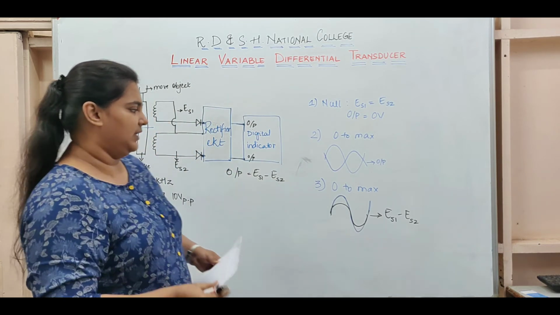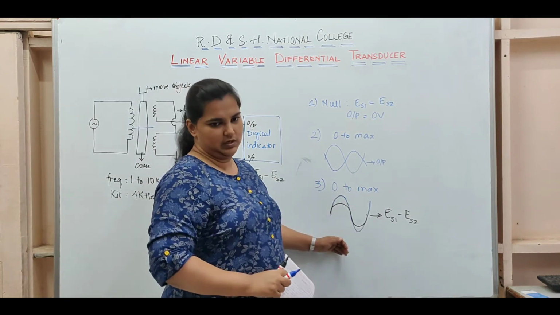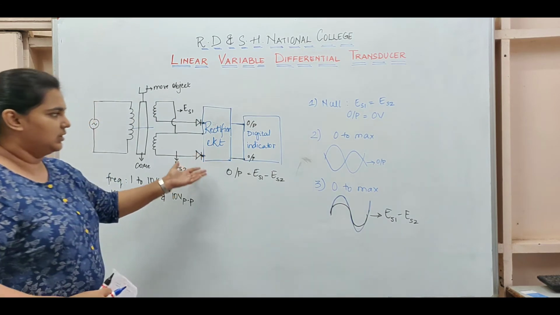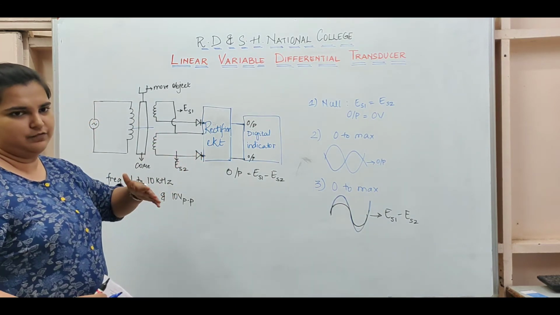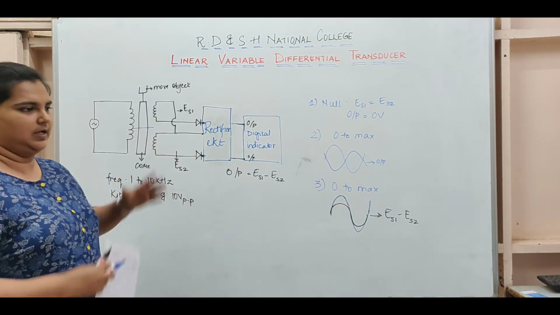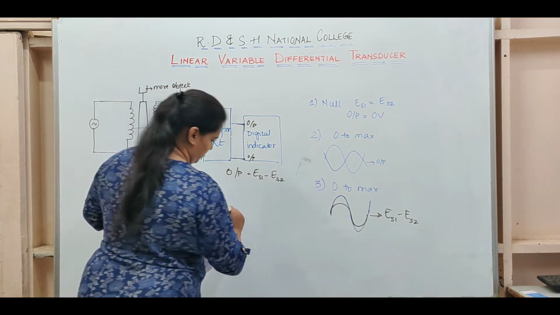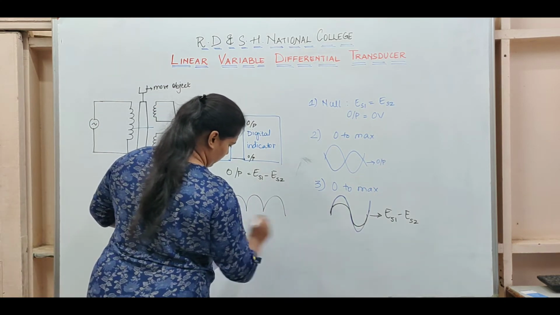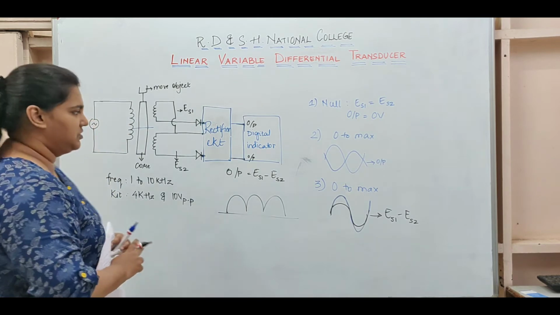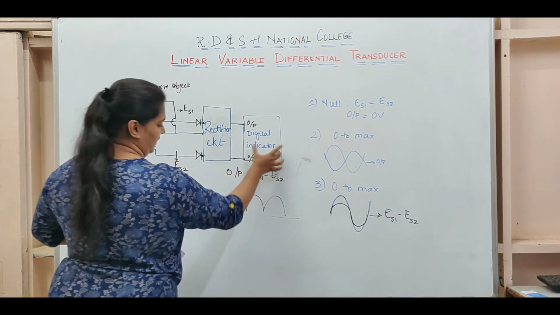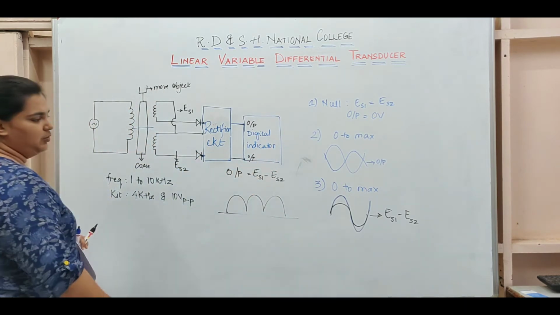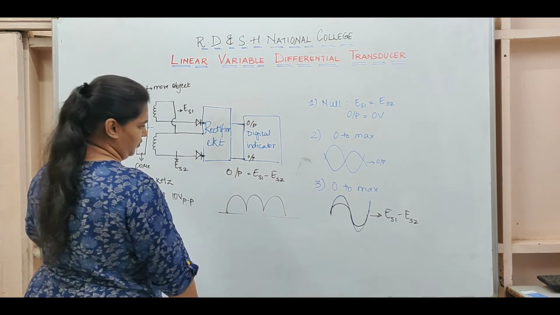In the earlier case we were connecting a CRO and seeing in phase and out of phase. For a DC output, the waveform will only be in one direction, either positive half or negative half. So we are taking it to the positive half. This digital indicator will just give us the amplitude. We don't need to view it on the CRO.